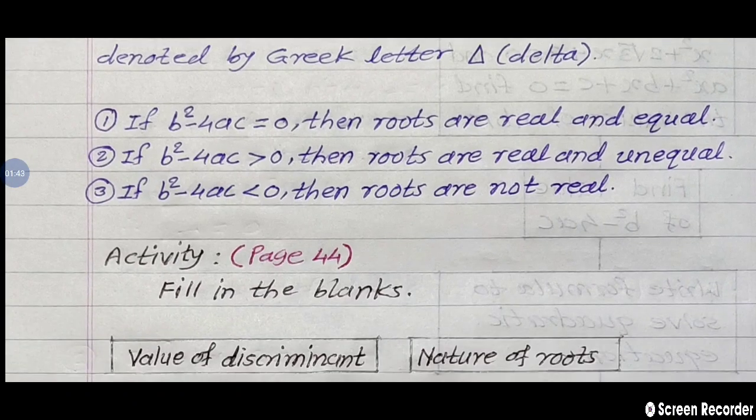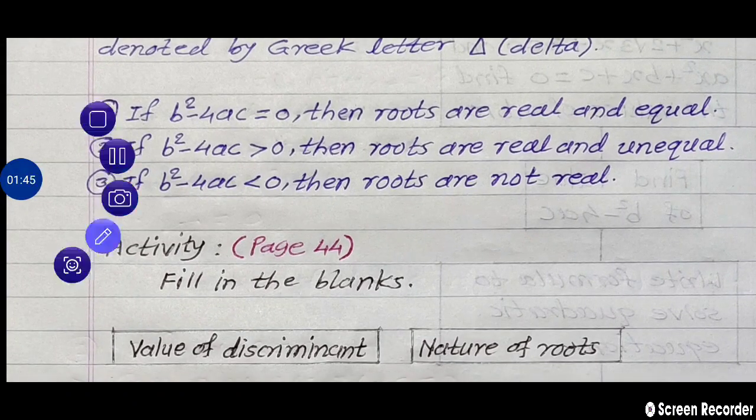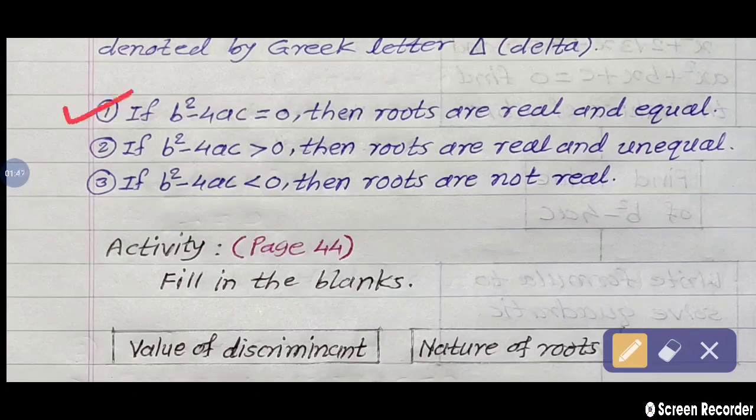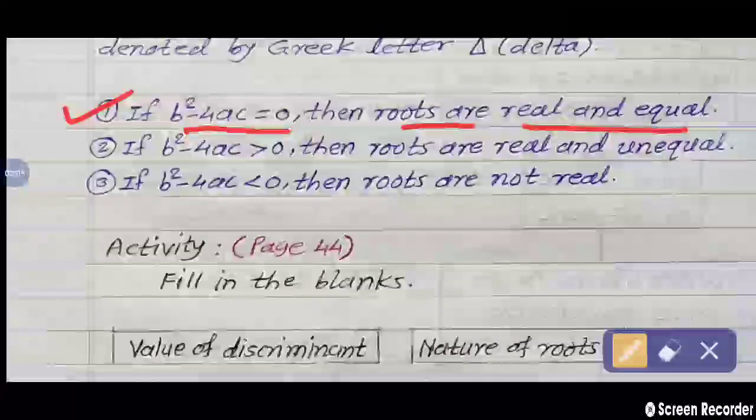What is the first one? First one is if b square minus 4ac is equal to 0, means the value of this discriminant or delta is equal to 0, then the roots are real and equal.